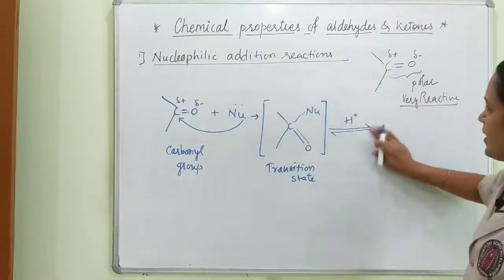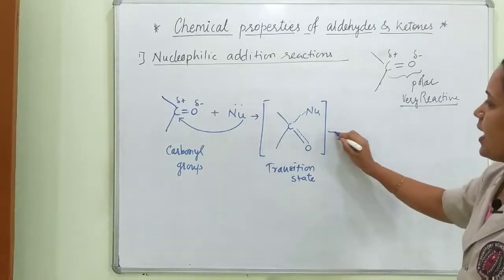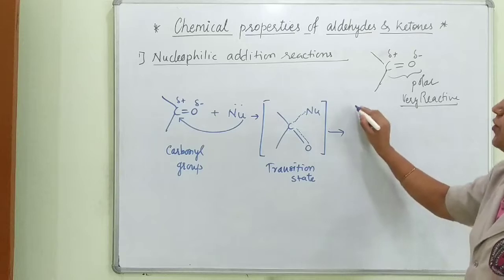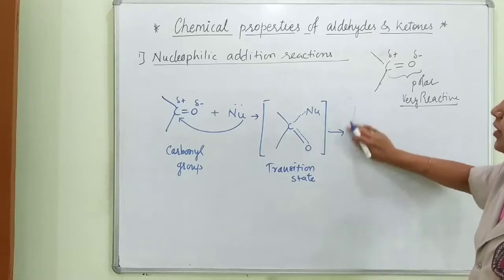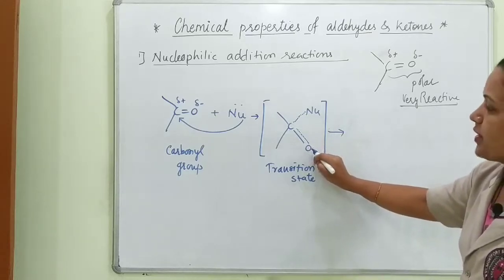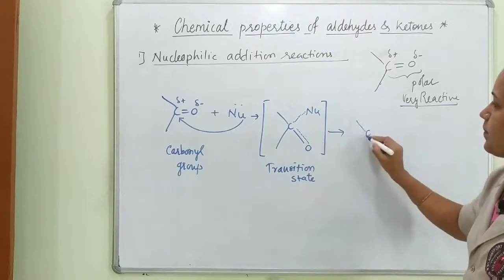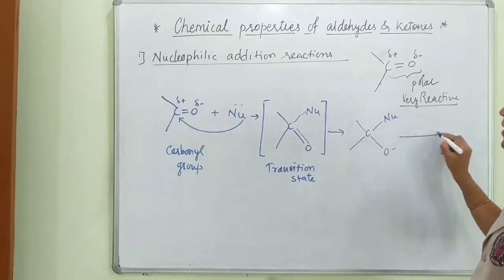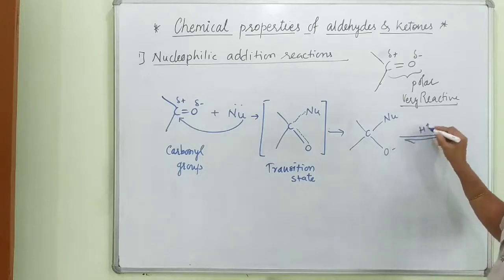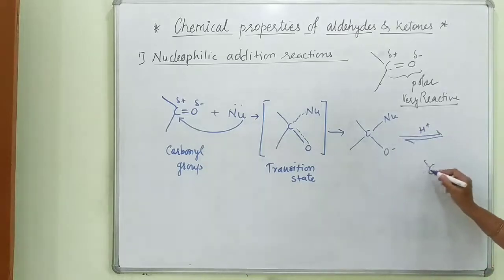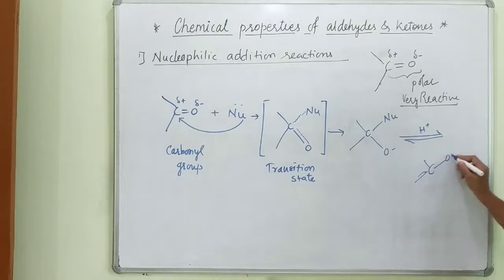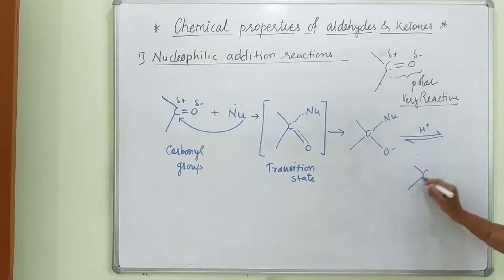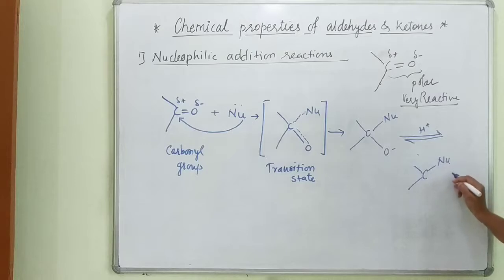This transition state will first convert into this, where the bond is taken by oxygen, and it becomes the nucleophile attached here. When there is an addition of H plus ion, we can see the formation of the desired product: the nucleophile and OH.